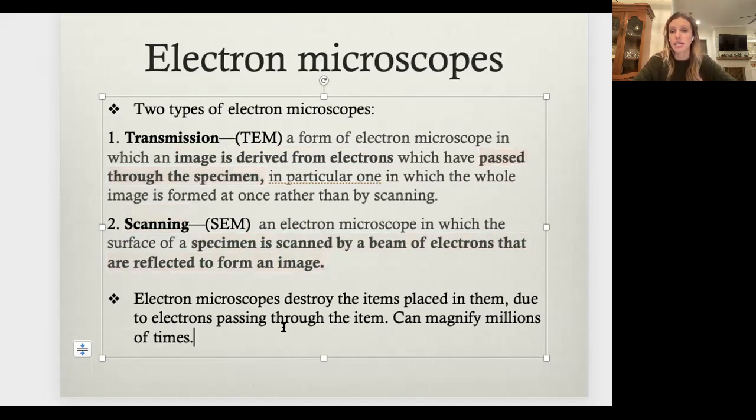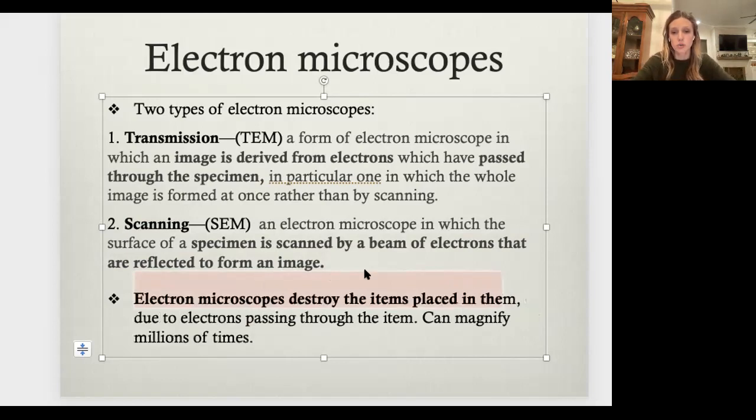After you write these two points down, I want you to star that the big takeaway is that electron microscopes are going to destroy the items that are placed in them. Like our light microscopes that we use in the lab, we can reuse those samples over and over again because we're just shooting light through our specimen. But when you shoot electrons through, it damages the specimen and you can't use it again.